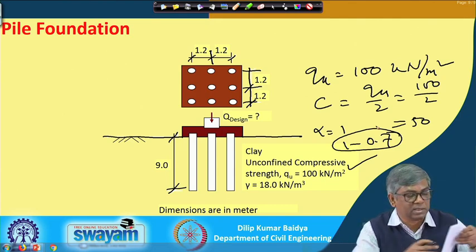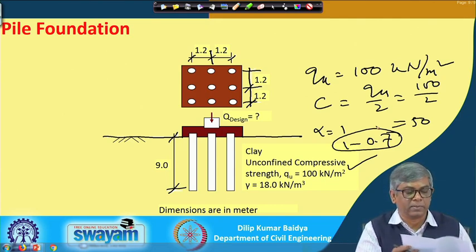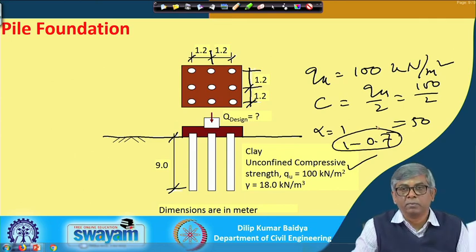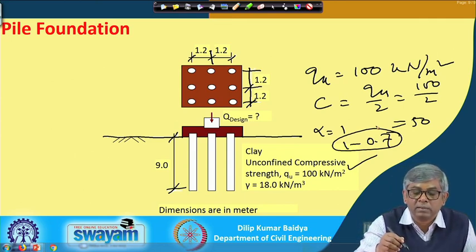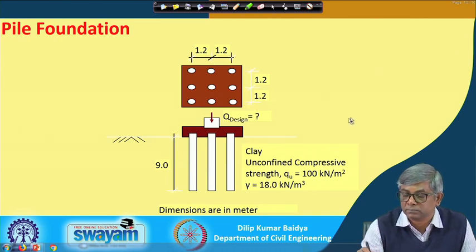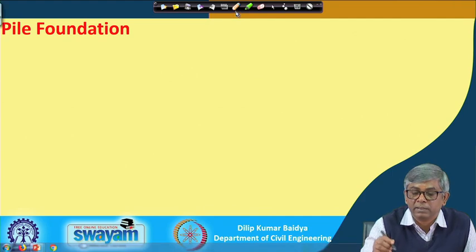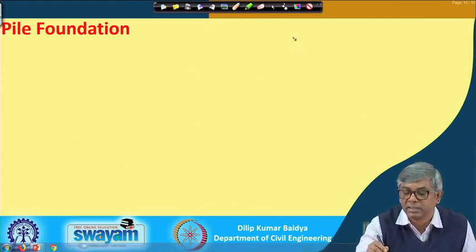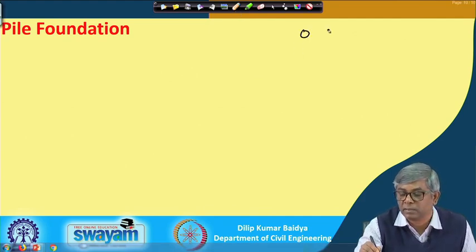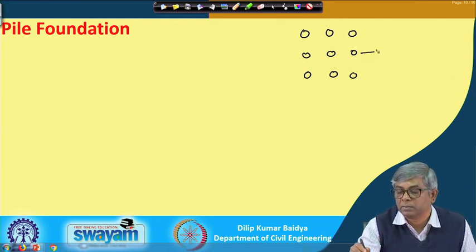The first thing asked is the block capacity of the pile group. So, let me go to the next page and find the block capacity. It is like this: this is 1.2, this is 1.2.